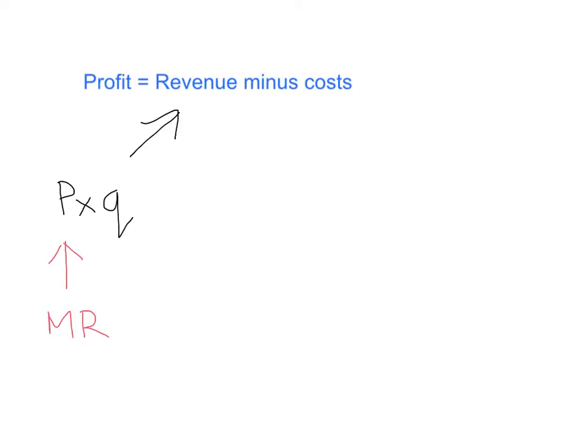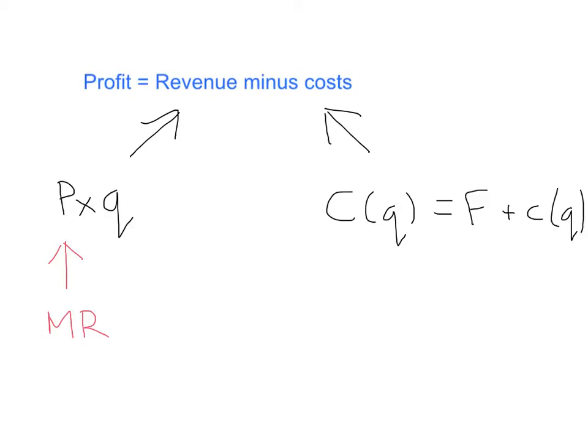What about on the cost side? Well, remember that our costs, which we gave before by C as a function of Q, are going to be our fixed costs plus our variable costs, little c of Q. And remember that by definition, in the short run, the fixed costs are fixed.